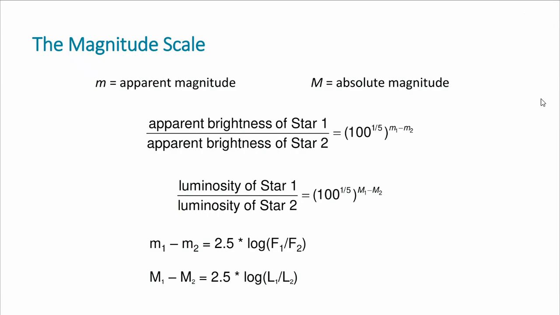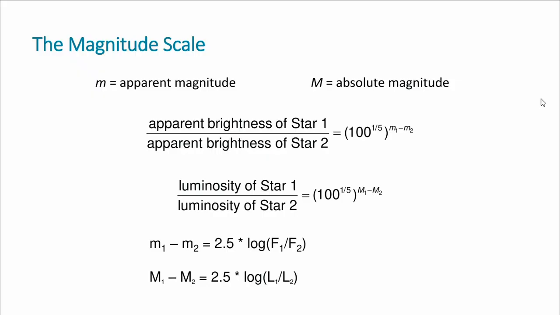Okay, so this will bring us to a way that we measure the brightness of stars. We can use luminosity, but when we're measuring things, especially with your naked eye or with a chip on a detector, it can be more convenient to measure things in magnitudes rather than in standard units of measurement.